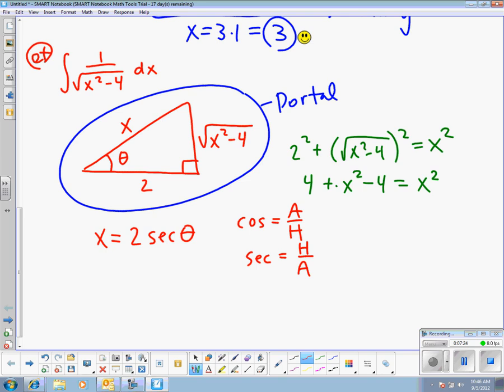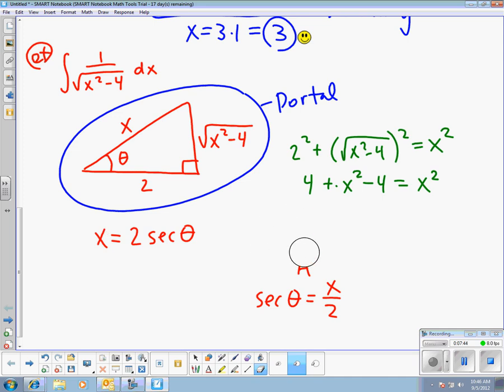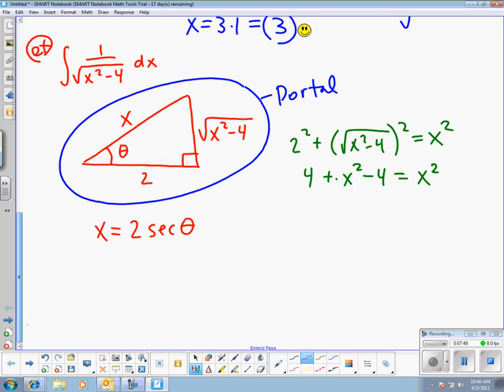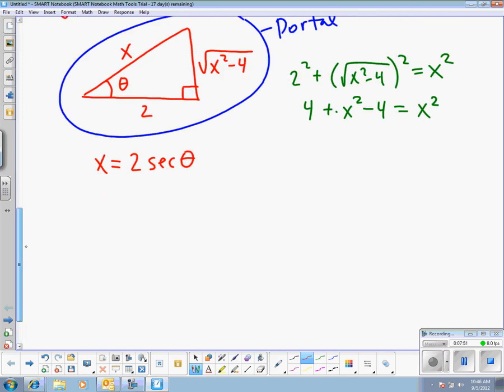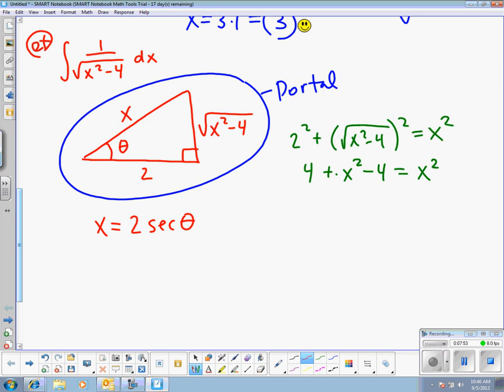If my angle is theta, the hypotenuse is x and the adjacent is 2. So secant theta would be x over 2, and if you multiply both sides of that equation by 2, you get x equals 2 secant theta. That's kind of the background, but that's why x equals 2 secant of theta. Why is it true? Because you make the rules, and if that's a triangle you want to use, then this is a true statement based on the relationship between x and theta.